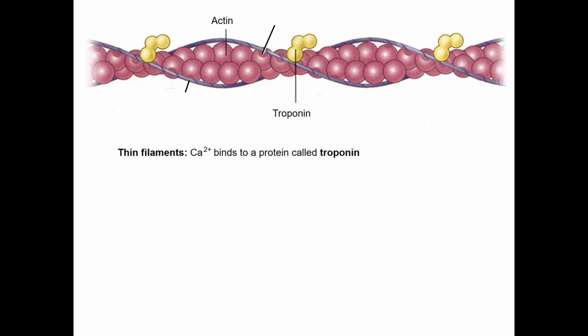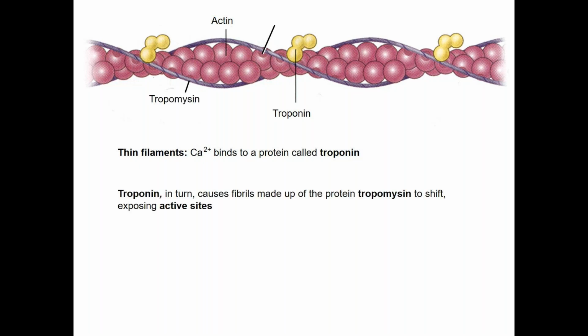Because what happens when we bind calcium and troponin together is that the other part of this, right, this little rope that we're attached to here, made of a protein called tropomyosin. At rest, that tropomyosin is covering the active sites on the actin proteins. They're covering the parts that will bind to other things, right?